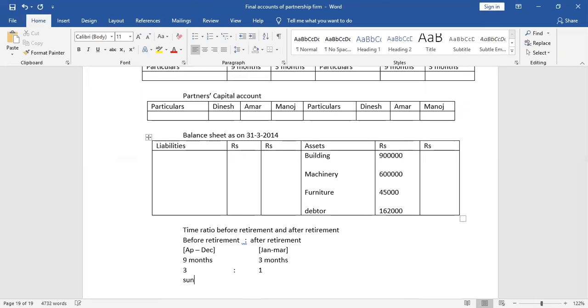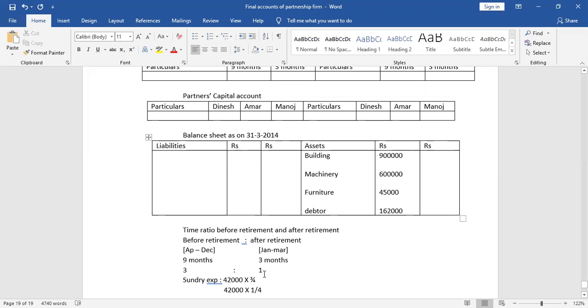Sundry expense 42,000 into 3 divided by 4. 3 plus 1 is 4. And 42,000 into 1 divided by 4.